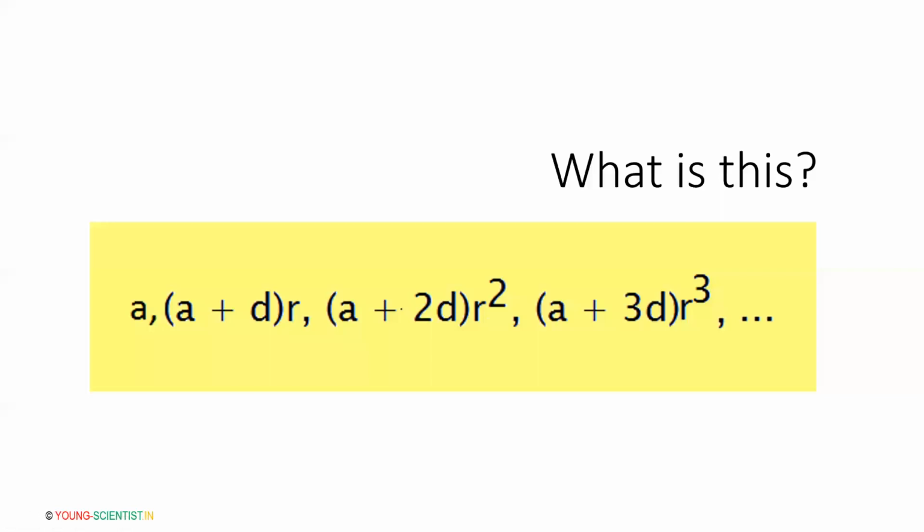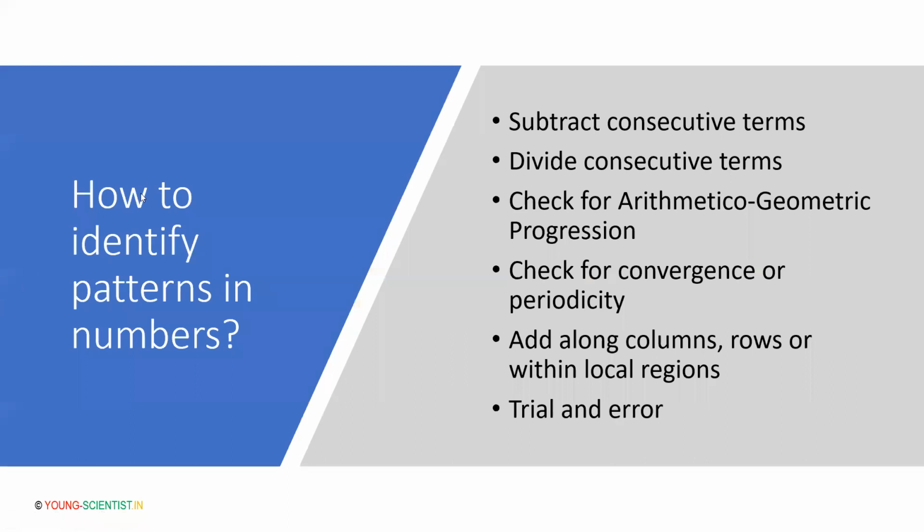So let's have these 3 progressions in mind, and then train ourselves in recognizing some of the sequences of numbers. Now, there are some rules or pointers that can help us to save some time when recognizing the patterns in a sequence.